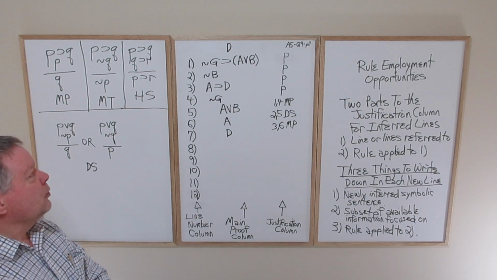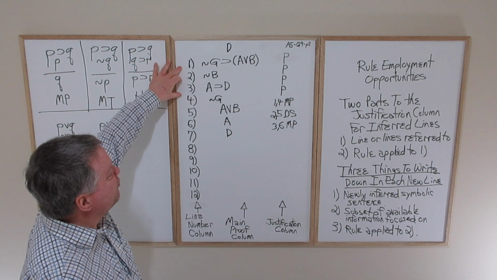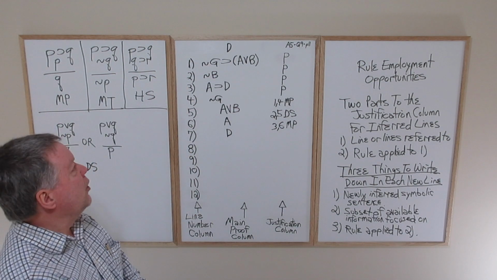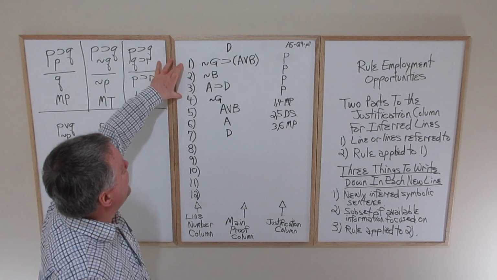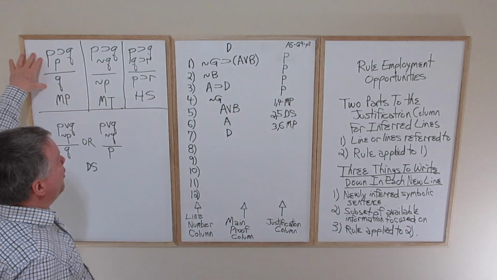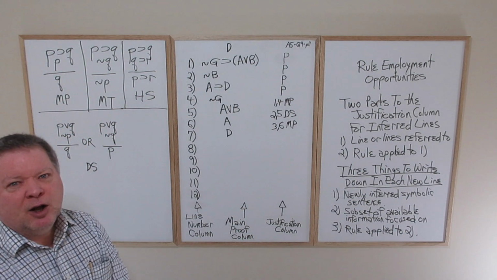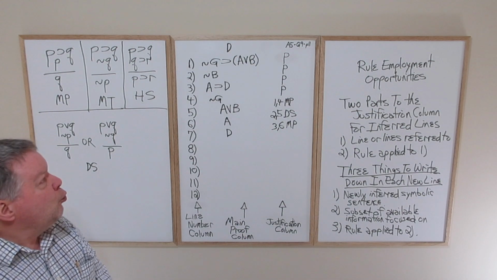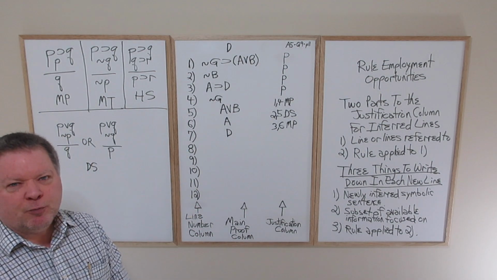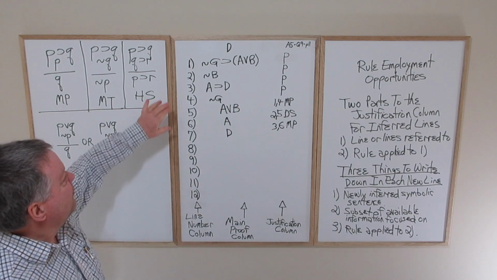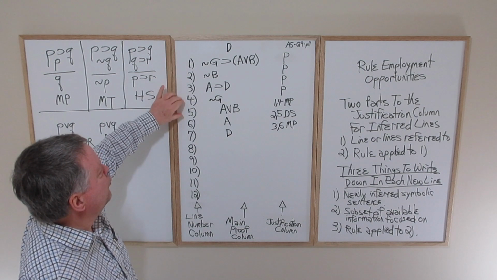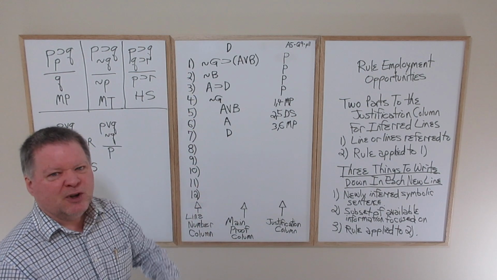Here's how the rationale works. If lines 1 to 4 are true, then lines 1 and 4 are true. If lines 1 and 4 are true, then if modus ponens is a valid form of inference, a valid way to reason, then line 5 must be true. Modus ponens is a valid way to reason, therefore line 5 must be true. Therefore, if lines 1 to 4 are true, lines 1 to 5 must be true.